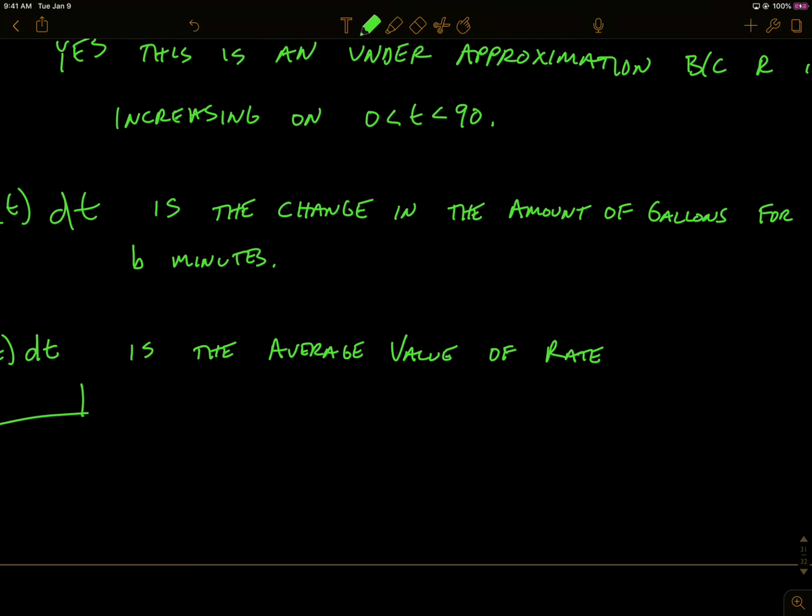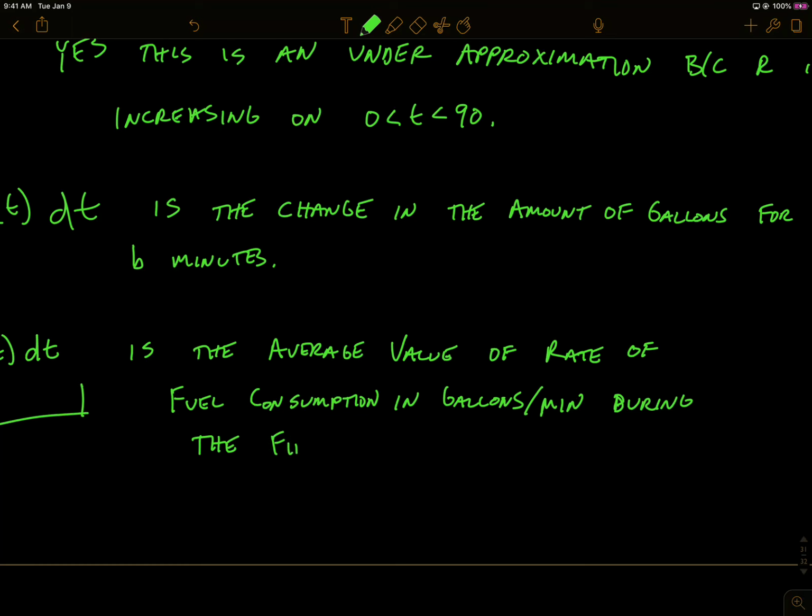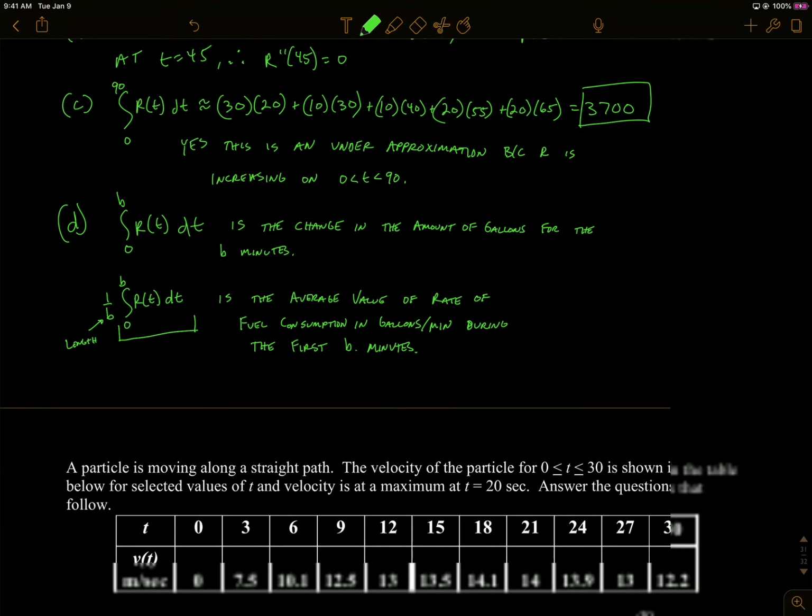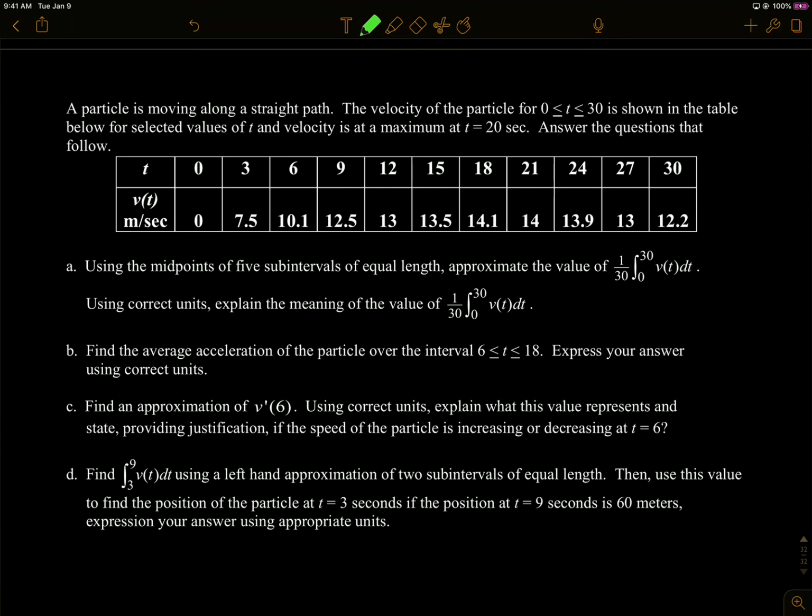It stays as a rate of fuel consumption in gallons per minute during the first B minutes of the flight.